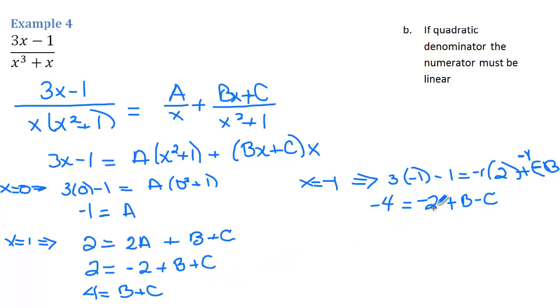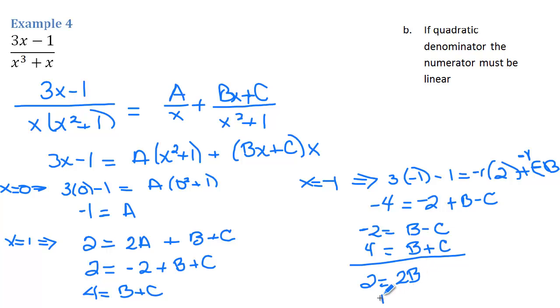If we bring that negative 2 to the other side, we will have a positive 2 on this side, so negative 2 equals b minus c. And this equation, 4 equals b plus c. So we can eliminate c's by adding the 2 together, and we will get 2 equals 2b. So b has to be 1.